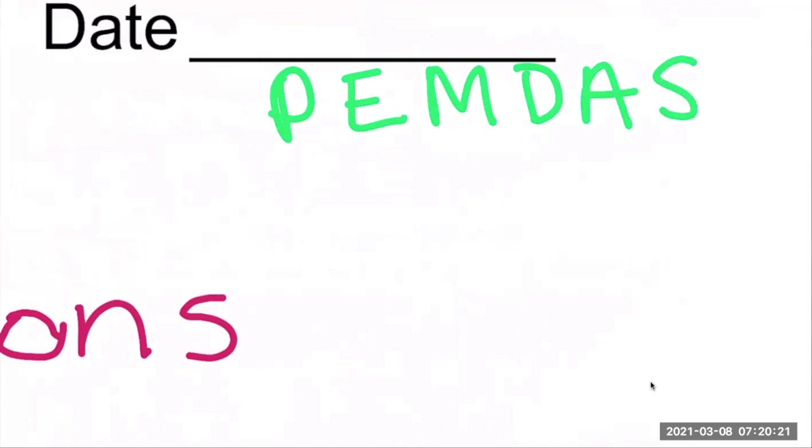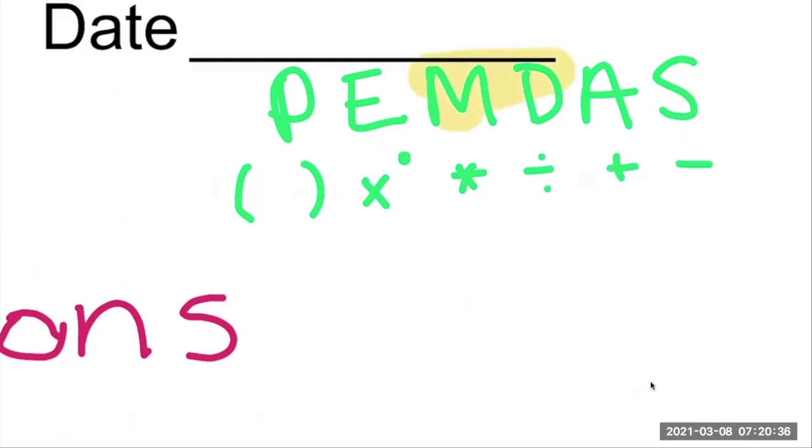That means you're going to use parentheses, then exponents, multiplication, division, addition, and subtraction. A good thing to point out is multiplication and division are on the same level, which means you do what you see first from left to right. The same thing applies to addition and subtraction.